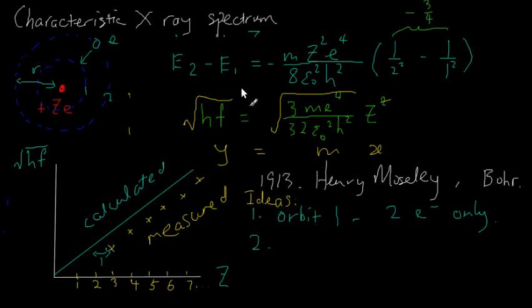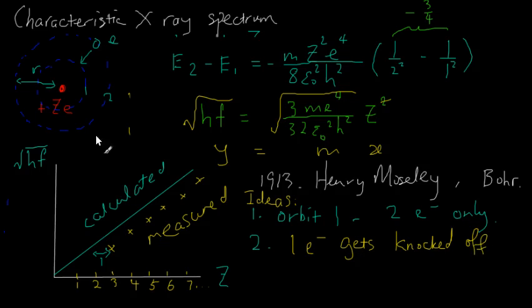The second idea is that the incoming high energy electrons knock out one of the electrons from this innermost orbit. So one electron from orbit 1 gets knocked off.